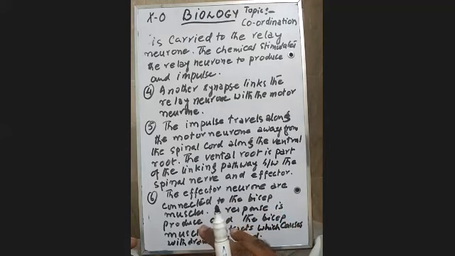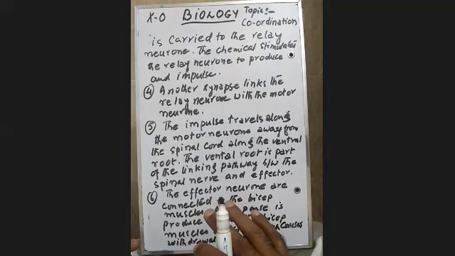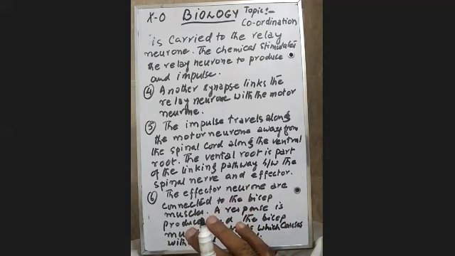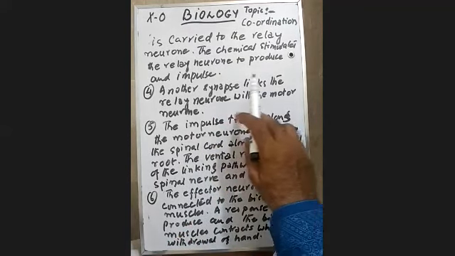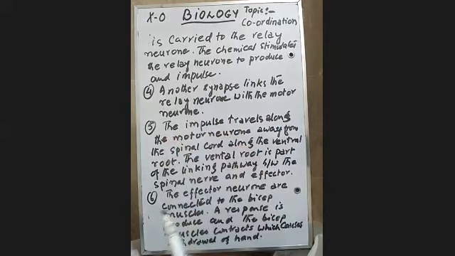As the impulse is carried to the spinal cord, it passes through the synapses and a chemical is released, which passes through the synapses to the relay neuron. This chemical stimulates the relay neuron to produce an impulse.